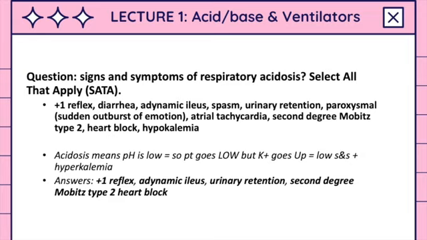This says, your patient has respiratory acidosis. Select all that apply. +1 reflexes. Diarrhea. Adynamic ileus. Spasm. Urinary retention.